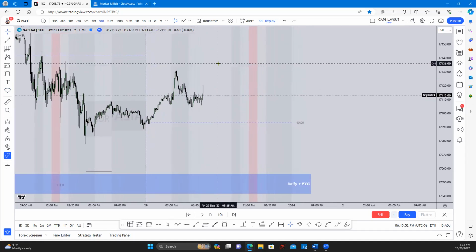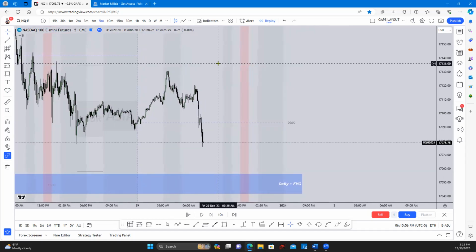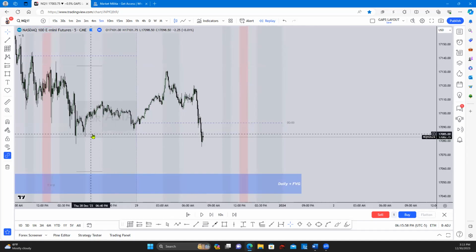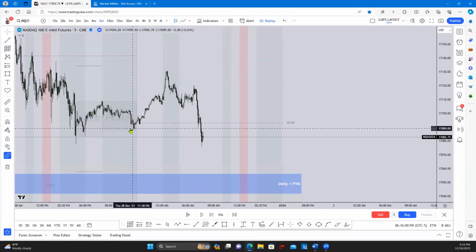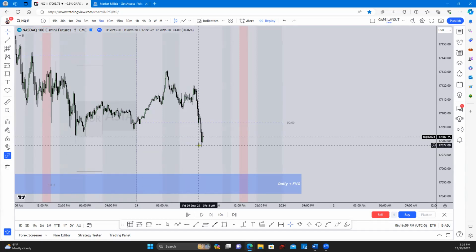Let's move price. So now we're just waiting for time, right? So we can see we started to take out the Asian lows, heading for the PM session lows from Thursday. So we're sweeping there.